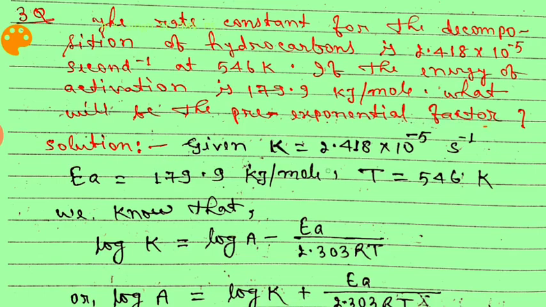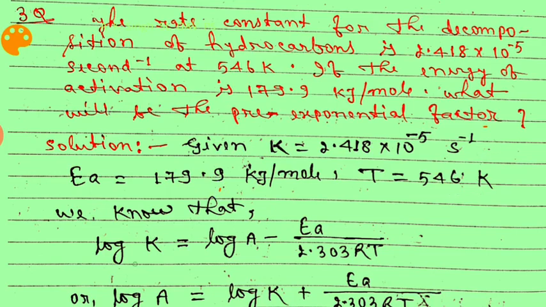Solution. Given here K is equal to 2.418 into 10 to the power minus 5 second inverse, Ea is equal to 179.9 kilojoule per mole, T is equal to 546 Kelvin.